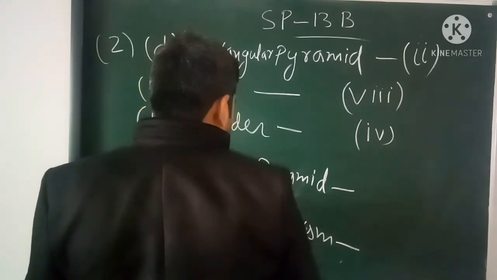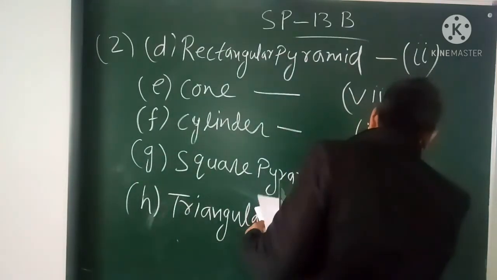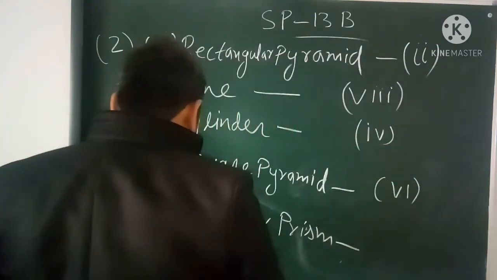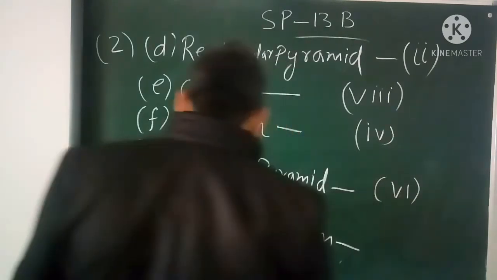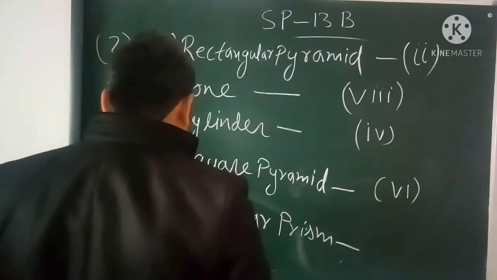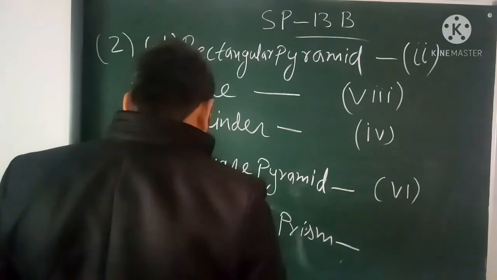Now for the square pyramid, the 6th figure. Now for the triangular prism, that is for H, the 5th one.